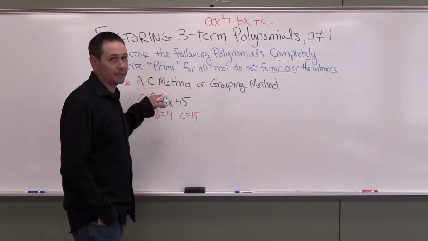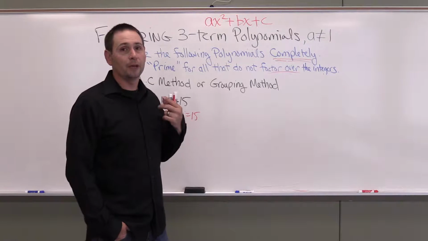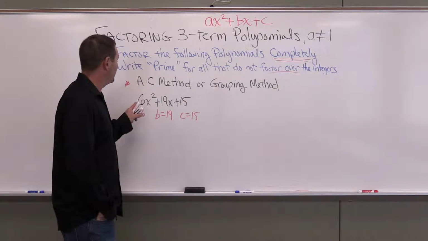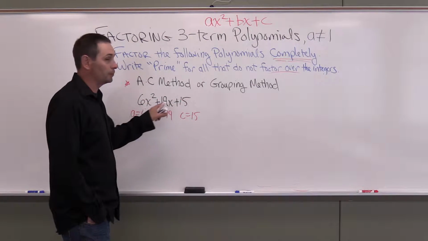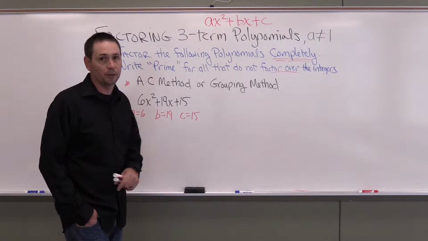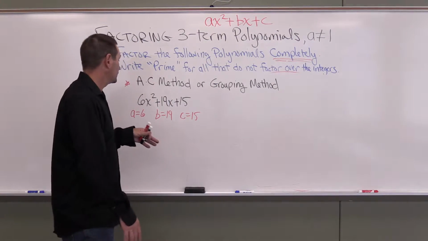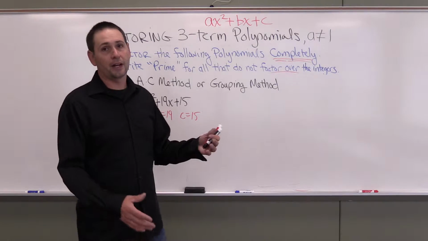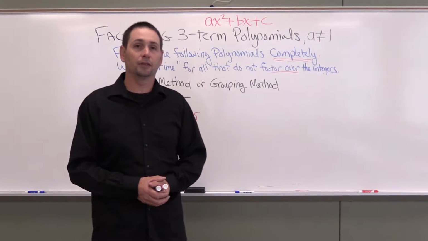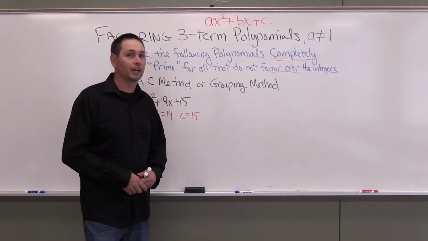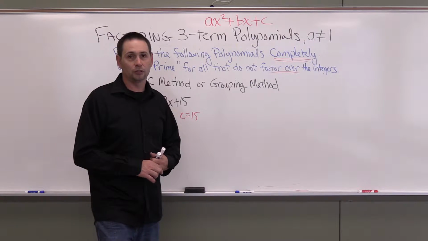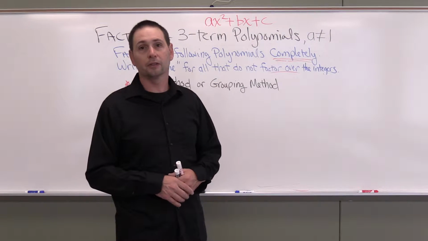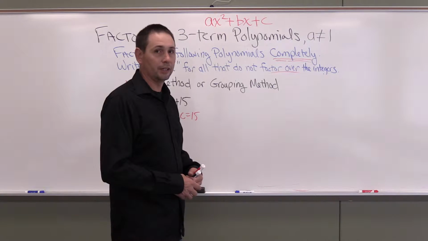The main disadvantage, I think, is time. Another major disadvantage is when you have big numbers. These aren't too bad, but when you start getting anywhere in the 20s, bigger numbers, it's a lot of times really hard to find the factors that add up to be b, and it can take you a crazy amount of time and is not needed when you can just do a really quick crisscross method, or trial and error.